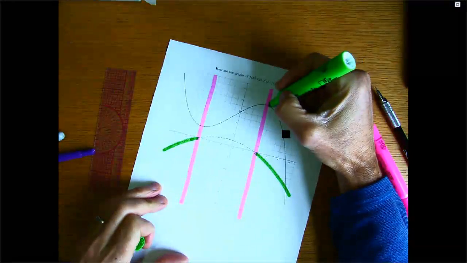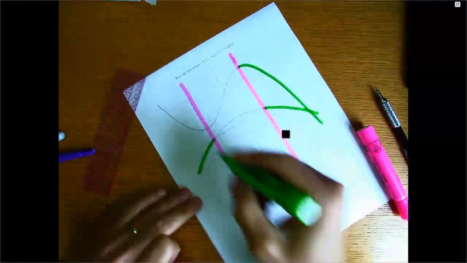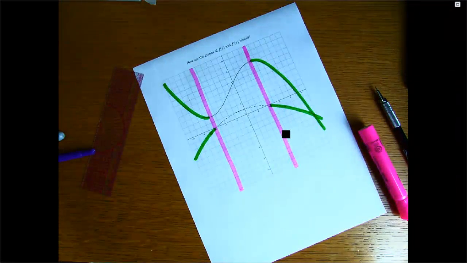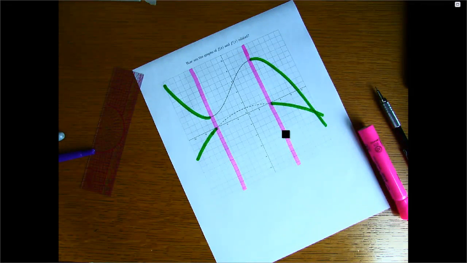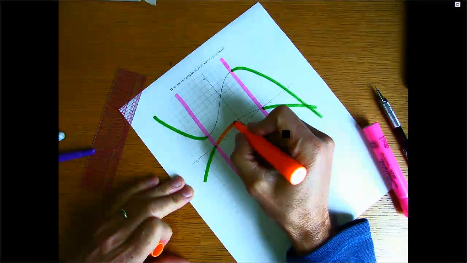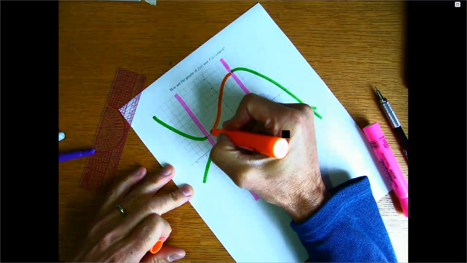And what does that mean for the function? I'll do the function in green as well, here and here. Okay, very nice. Let's do orange in the middle here and orange in the middle here.